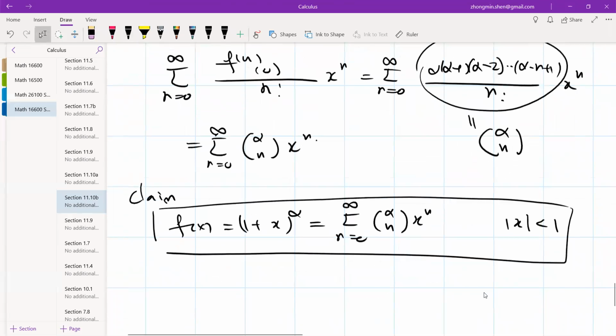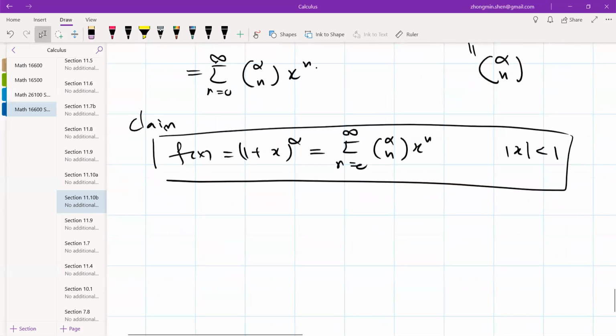The argument is very similar. I am not sure I should prove it, so just do some estimates. The idea is you look at x with absolute value less than or equal to d, where d is less than 1, for arbitrary d.